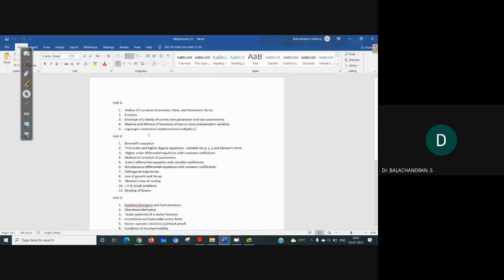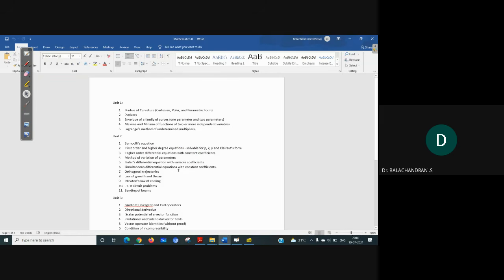The second unit is a little bit lengthy. First you should concentrate on the third and fifth: higher order differential equation with constant coefficient, and Euler differential equation with variable coefficient. In Euler also there is Legendre, which I didn't mention here, but you should study it also.